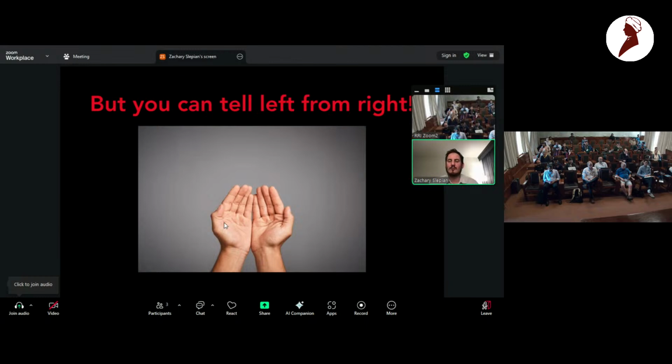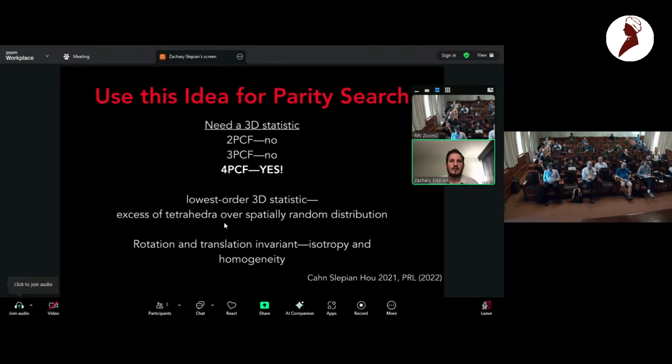But you could still pull my hands out of the bag and reattach the correct right hand to my right arm and the correct left hand to my left arm, because even after randomizing the orientation in space, it's clear which is a right hand and which is a left hand. So this is illustrating a kind of profound point, which is that 3D objects have a handedness, or they can have a handedness. So we can use this idea for parity search in galaxy clustering.